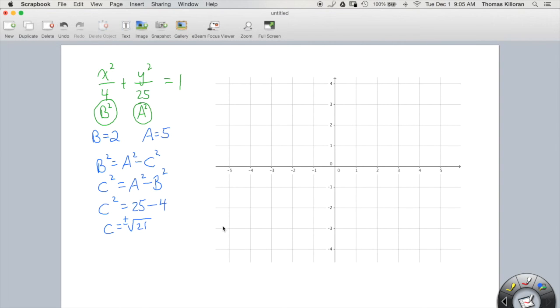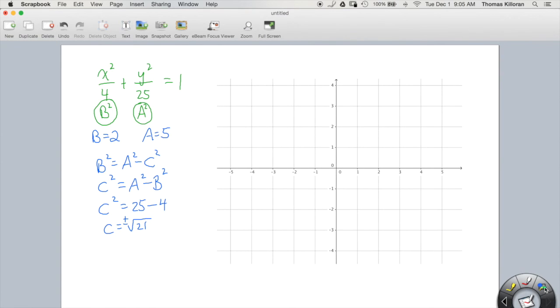So let's see how to graph this picture. Because nothing funny was done to the x and the y, there's no transformation away from the center, which in this case is the origin. So we're going to start here, but it's not a point on the graph. The first thing I'm going to do is move a units along the major axis, and the major axis is going along the y-axis.